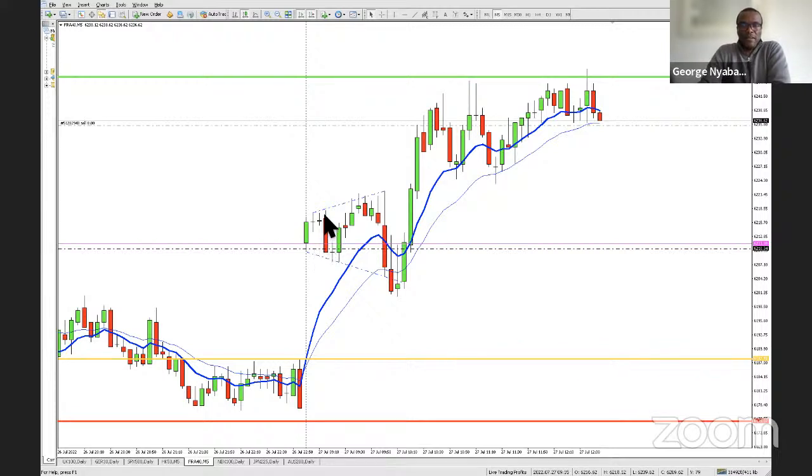So we had a triangle formed here, which is always a breakout mode pattern, expanding triangle, and the expanding triangle bottom held, and the bulls came and managed to buy.